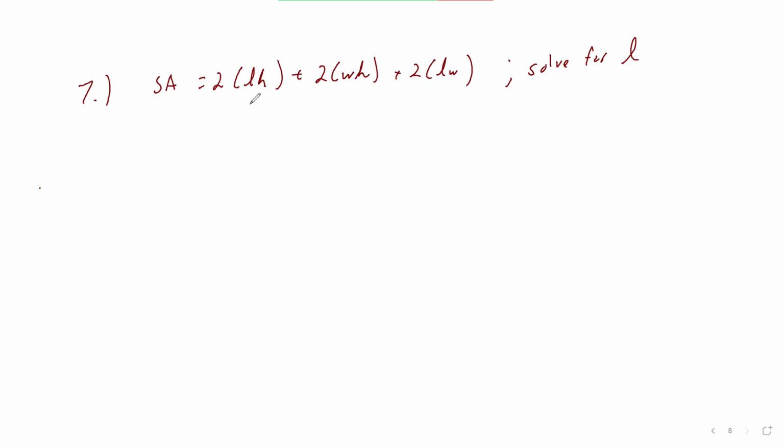First thing we're going to do is get everything multiplied. So this would be 2LH, no longer needs the parentheses, 2WH, and 2LW. Nothing in common, but if I'm solving for L, I want L on one side and everything else to the other. So these two have an L, so I'm going to get rid of the 2WH. Since it's a plus, I'm going to subtract 2WH.